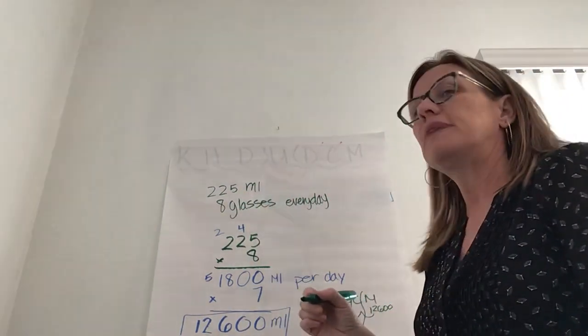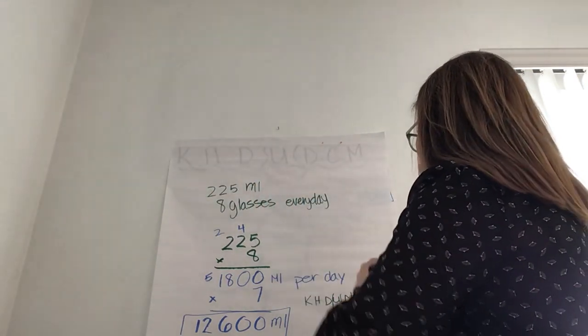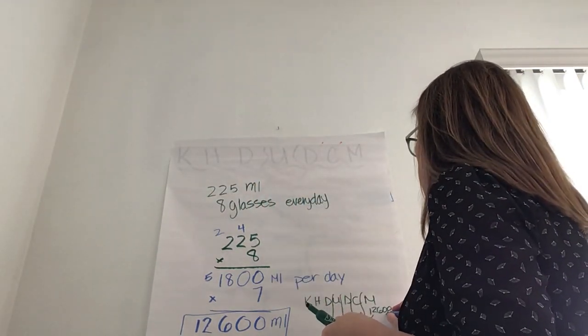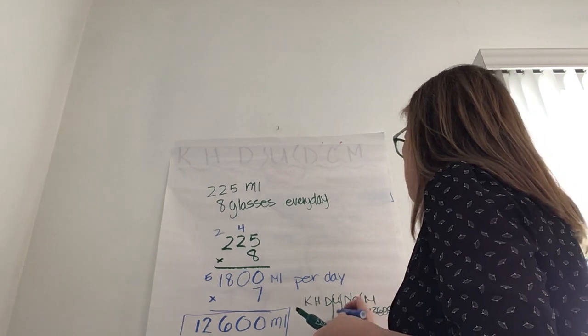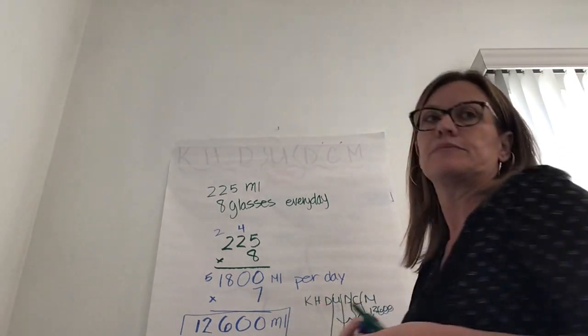So I'm going to move my decimal 3 places to the left. 1, 2, 3, and my answer is 12 and 6/10, because you really don't need those zeros. 12 and 6/10 liters.